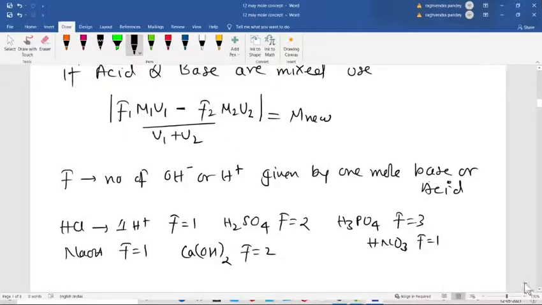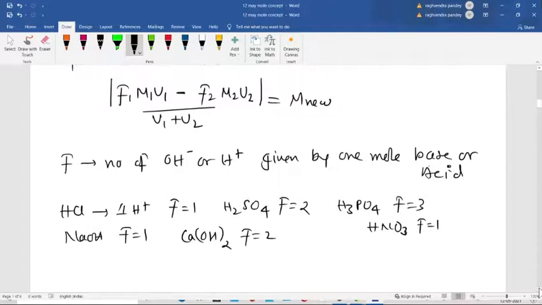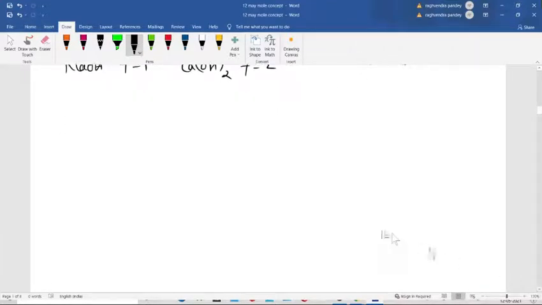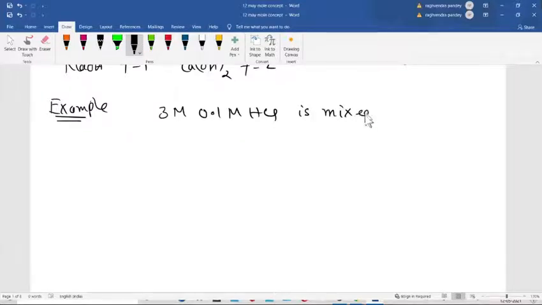Now let's take an example. Let's take 0.1 molar HCl mixed with 0.1 molar of what I am writing here.